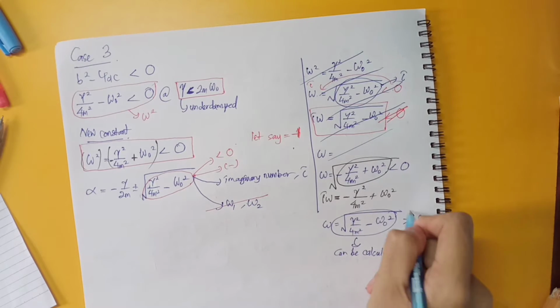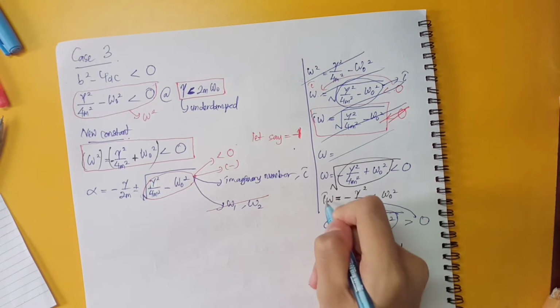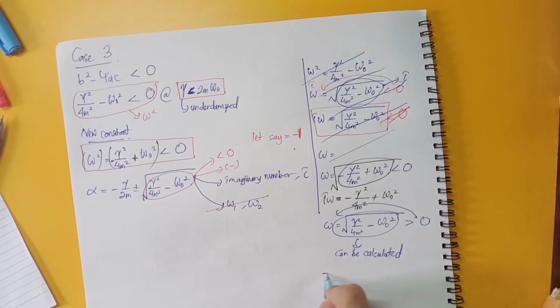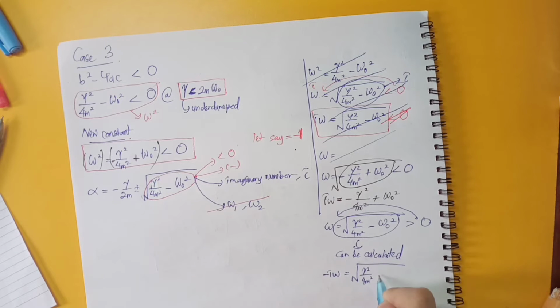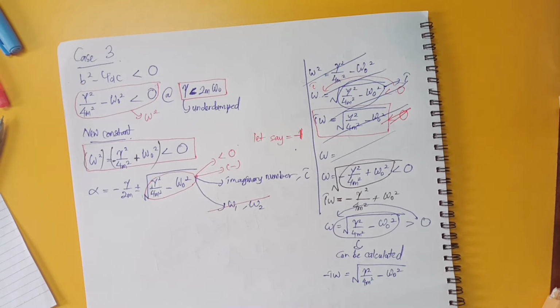So when we put it outside here, this imaginary number becomes negative i omega, which is equal to the square root of gamma square over 4m square minus omega naught square. This is what it is.